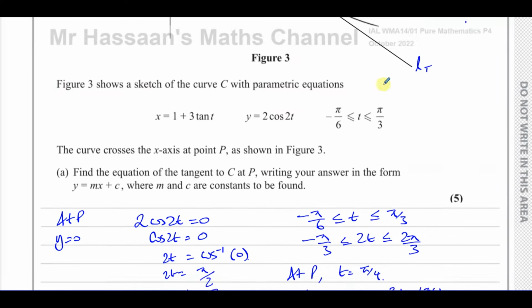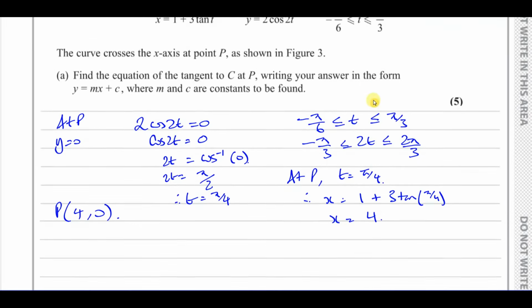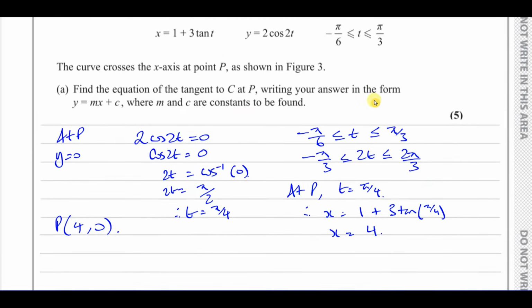Now we need to find the gradient of the curve at P. So we need an expression for dy/dx. We know dy/dx is equal to dy/dt times dt/dx. And we know that y is equal to 2 cosine of 2t. So dy/dt is going to be, if you differentiate this, cosine becoming minus sine.